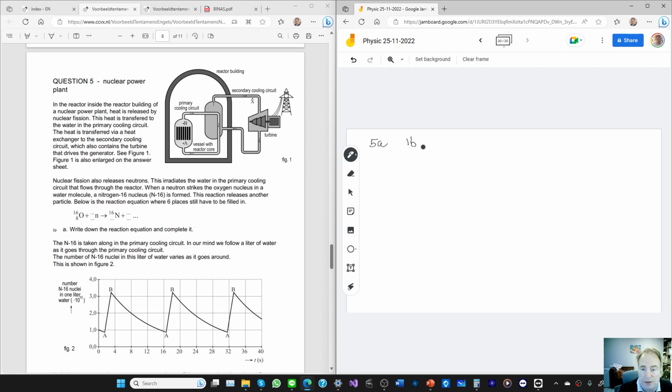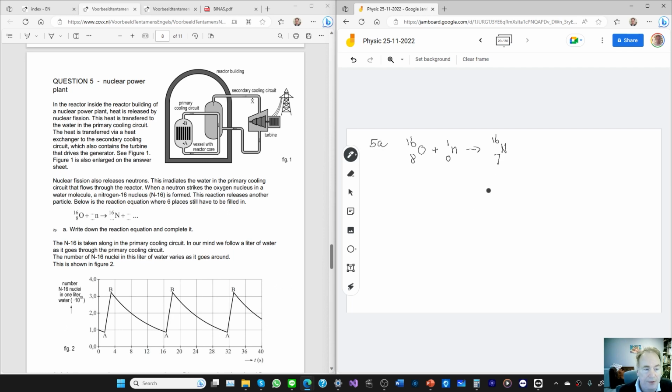Well, we have oxygen-16, so mass number 16, so 8 protons, 8 neutrons. It captures a neutron, so a neutron has a mass number of 1 and 0 protons, obviously. And they say it's nitrogen, so nitrogen, I happen to remember, has 7 protons.